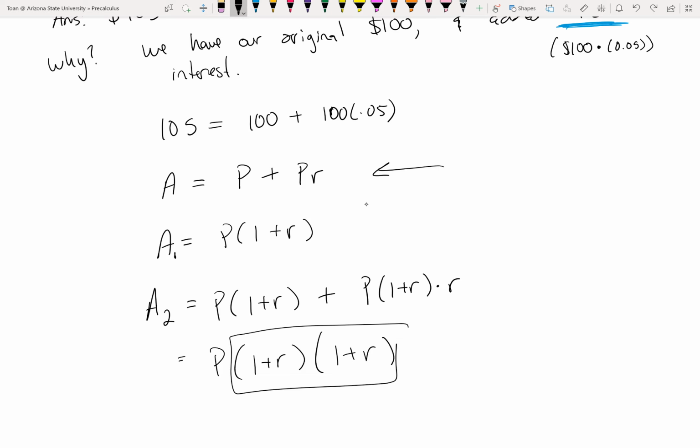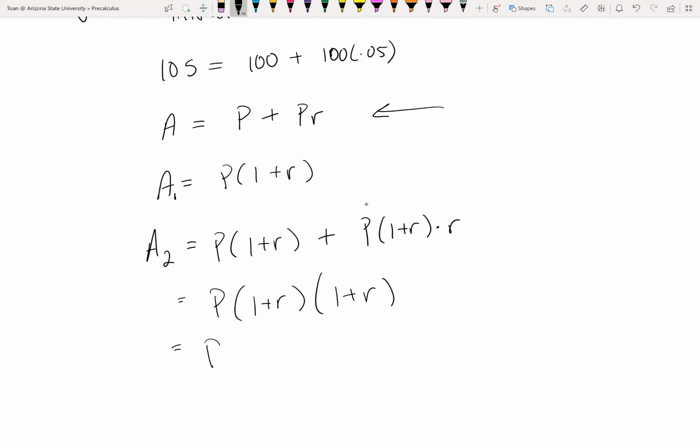1 plus r times 1 plus r, when you multiply something by itself, it is a square. That is very suspicious. When you only have it for 1 year, it's just a regular P times 1 plus r. When you have it for 2 years, it's P times 1 plus r squared.